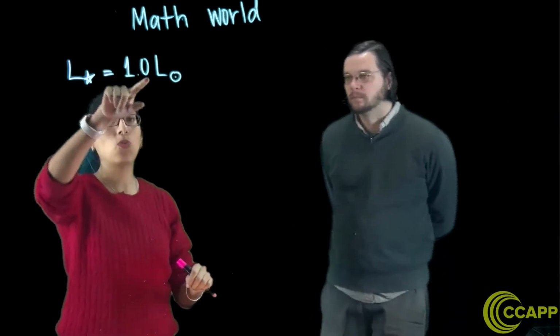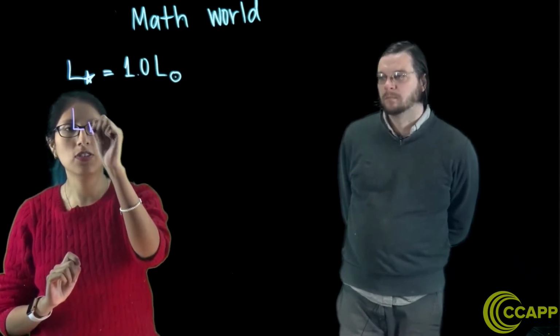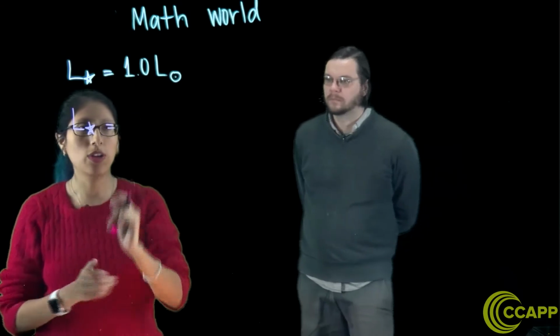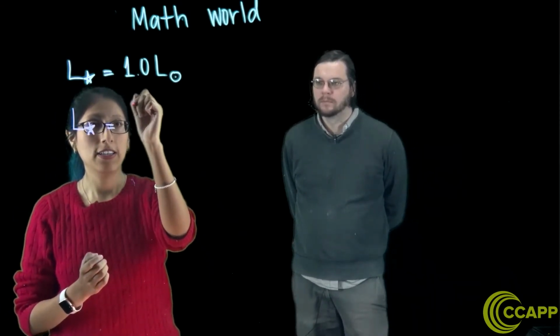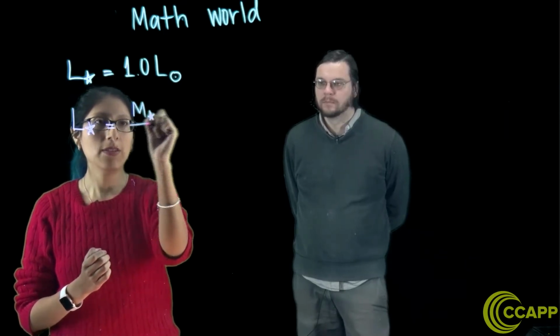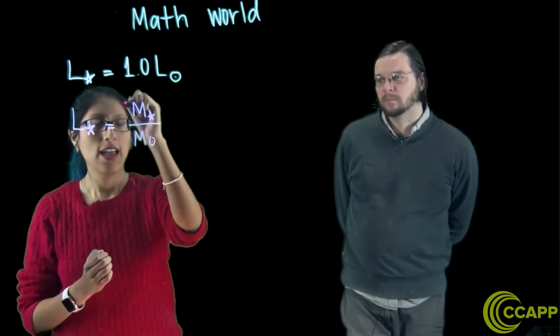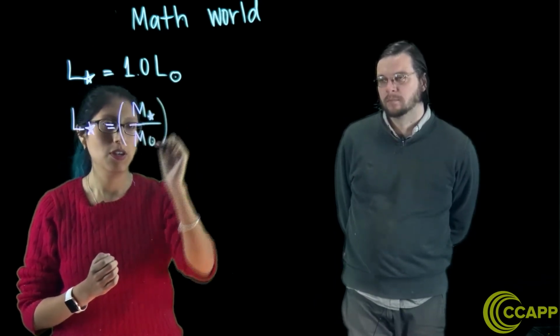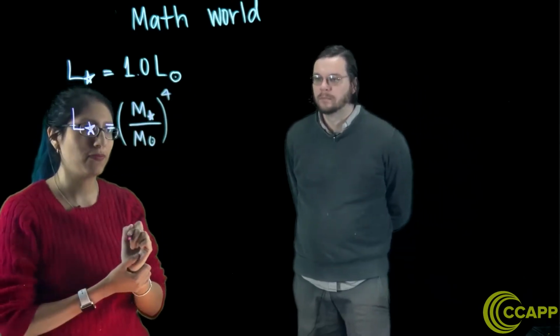Instead of writing 1, I'm going to relate the luminosity of a star with its mass, by the mass of the star divided by the mass of the sun, all to the 4th power.